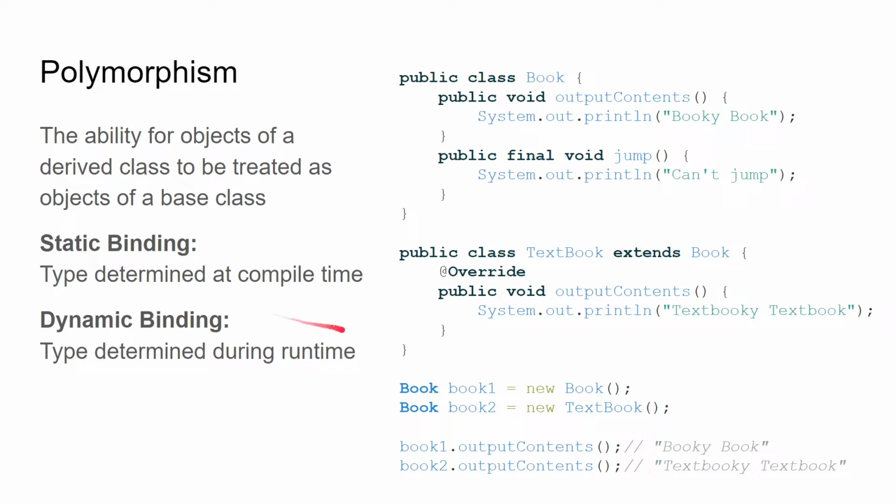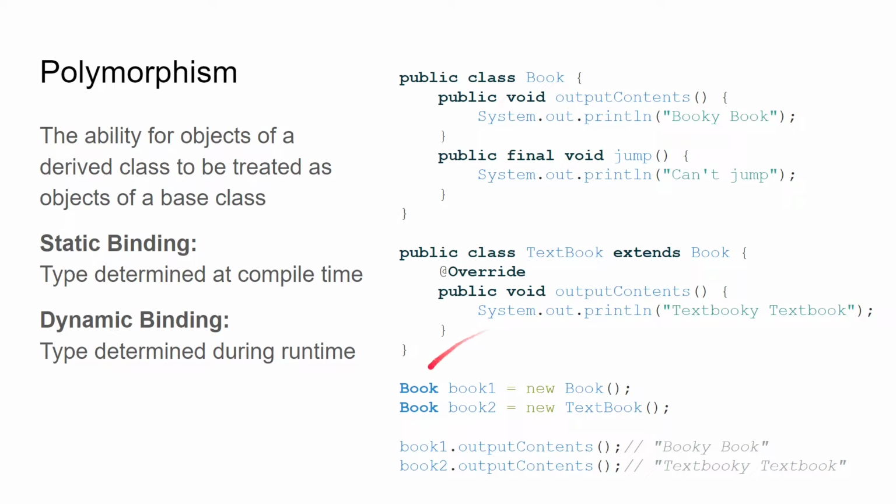We have an example of this to the right. On the right here, you can see we have a public class book and a textbook that extends book, and we have a method outputContents that has the same method header as outputContents in book. If this happens, then this method is going to override that method.